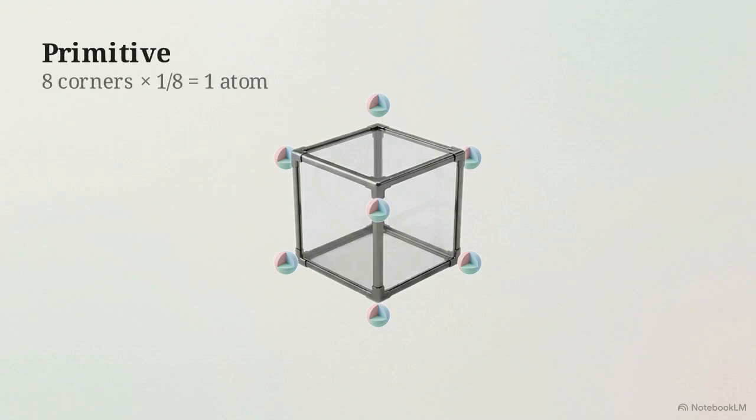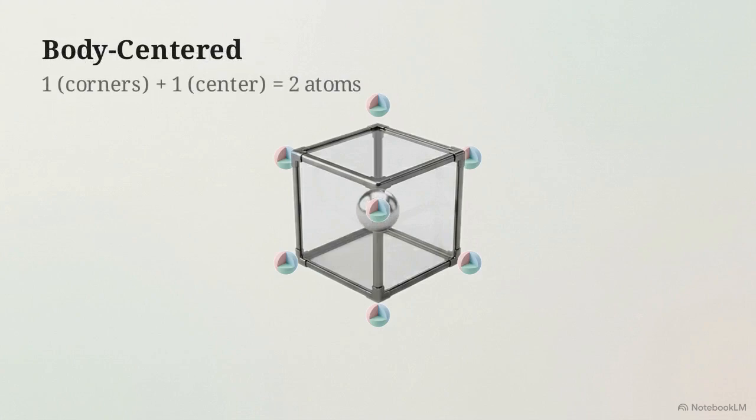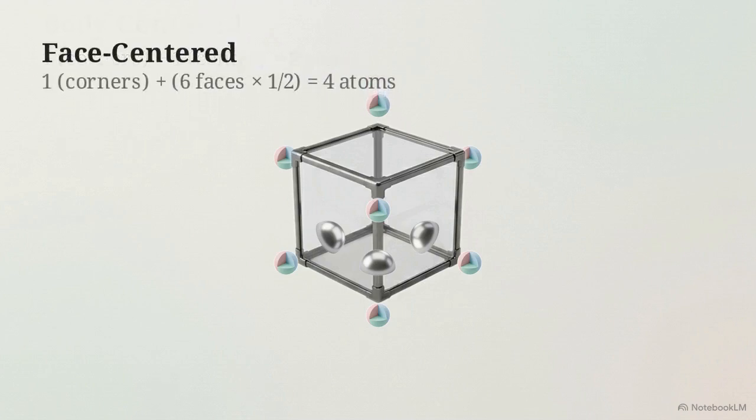If we pack a whole extra atom directly into the isolated center of the cell volume, we create a body-centered translation. This configuration increases the packing density, doubling the total number of lattice points to 2. In a face-centered translation, the center atom is removed entirely, and half atoms are placed flush on the 6 exterior faces. 6 half atoms on the faces, combined with the 8 corner fragments, yields a total of 4 atoms per cell.